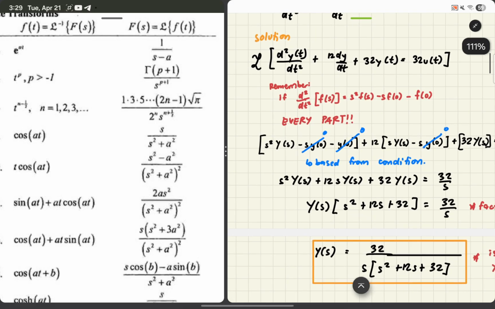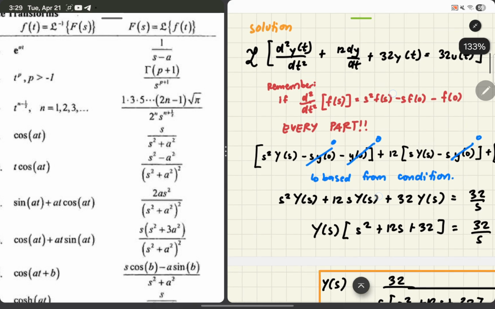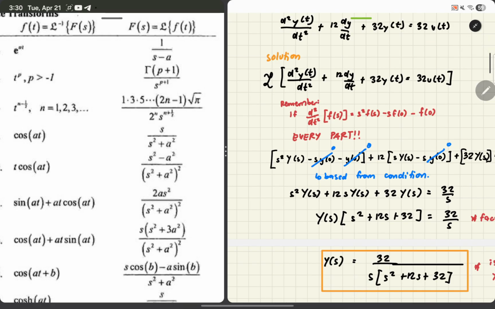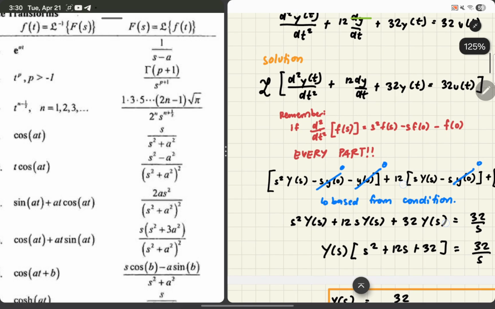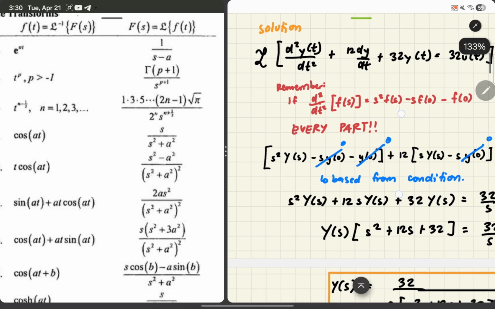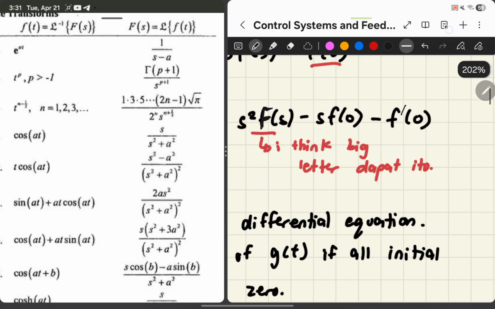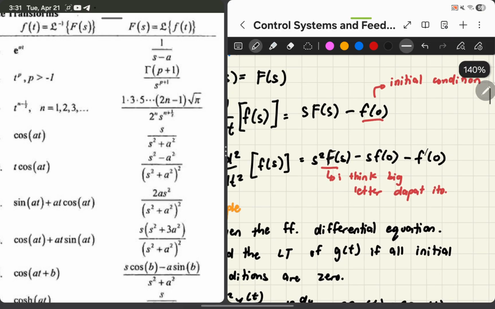The Laplace transform of this one will be s squared times the capital Y of s. Remember, from the time domain, which is y of t, it became the frequency domain, which is Y of s. It's capital, okay? Remember that.